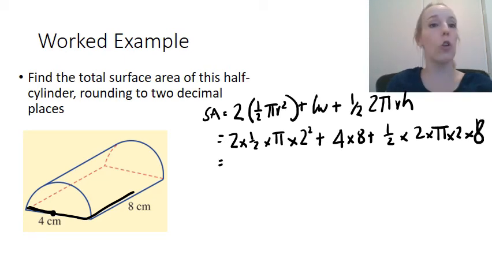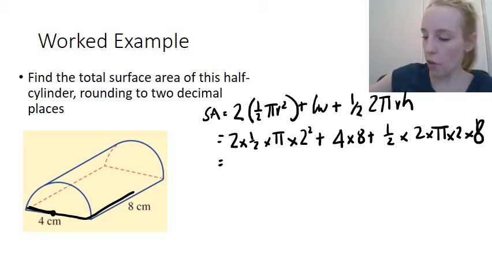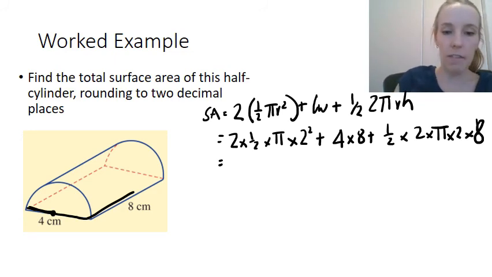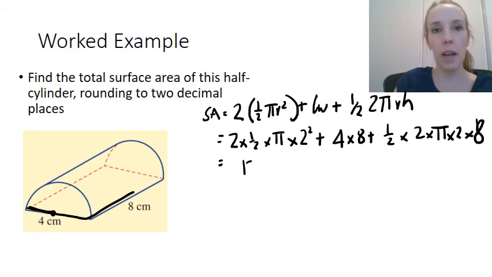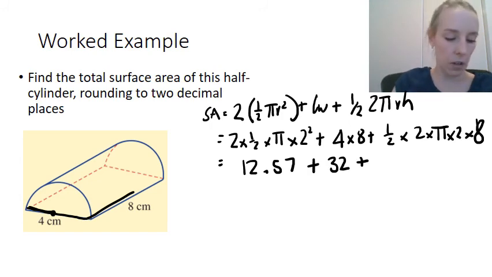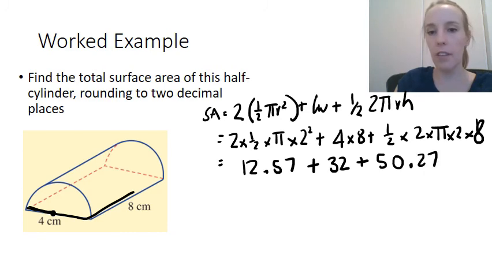And then I can solve all of those. So my first one there, I've got 2 times a half times pi times 2 squared, which is 4, and that would leave me with, rounded to 2 decimal places, 12.57, plus 4 times 8, 32, plus my second lot, which is a half times 2 times pi times 2 times 8, which is 50.27. So then I can add all of those together.